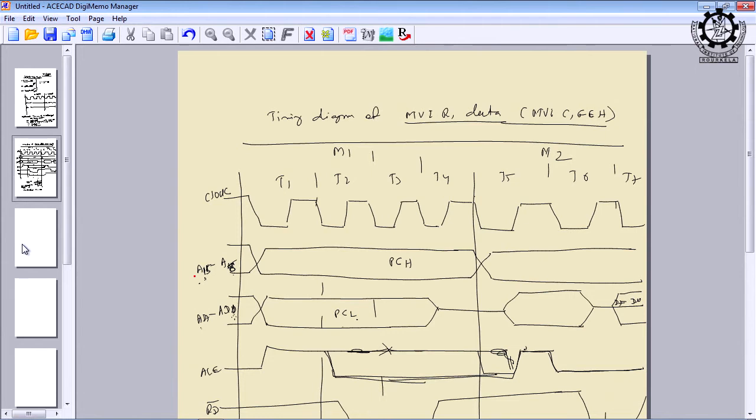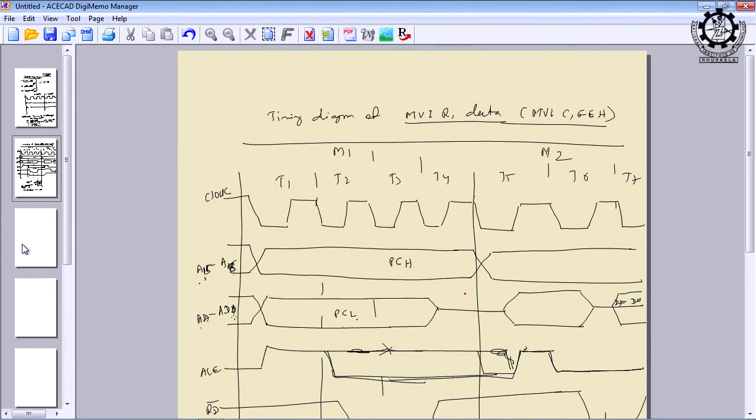Now, this will not take a total of 4 clock periods; it will be between 1 and 3. Minimum is 1, maximum is 3. So, within 3 clock periods the address bus, that is A0 to A15, will be available with the PC0 to PC15.